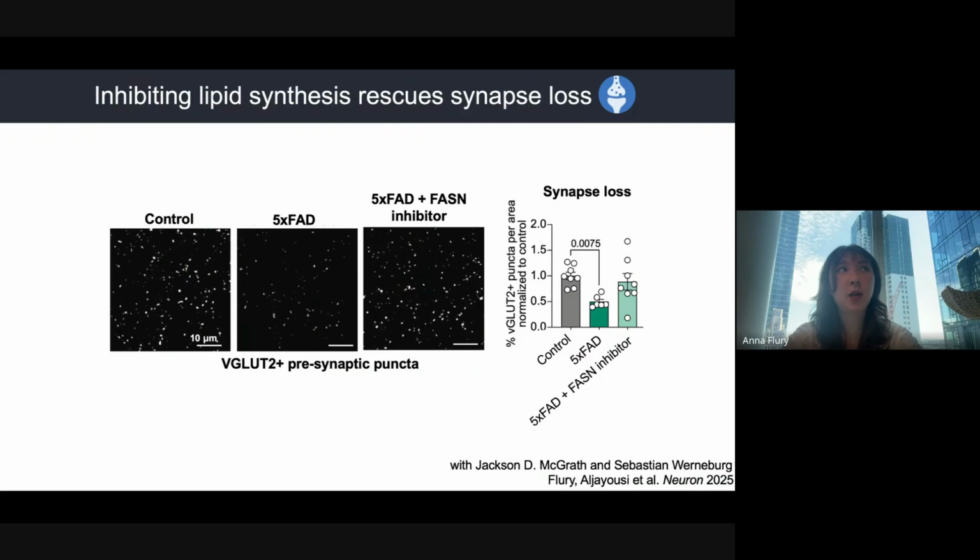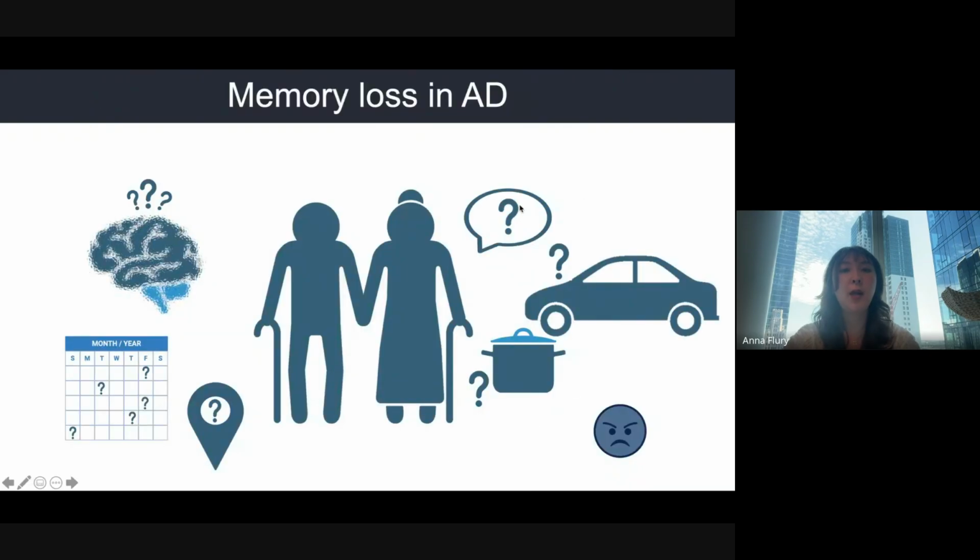We also saw this with an ISR inhibitor as well, although I'm not showing you the data here. So now, having seen this in vitro and in vivo, we wanted to know on a more broad level whether we can manipulate ISR and improve memory loss in Alzheimer's disease.